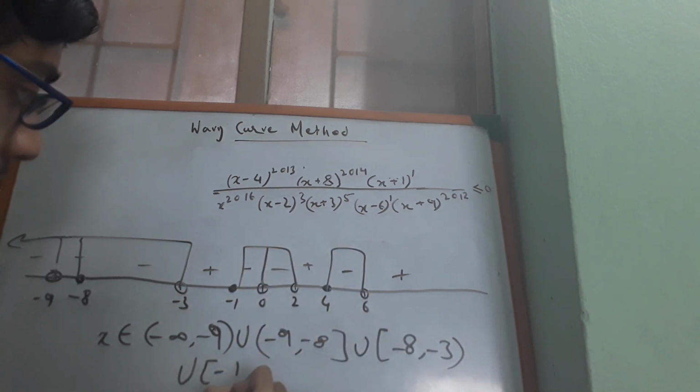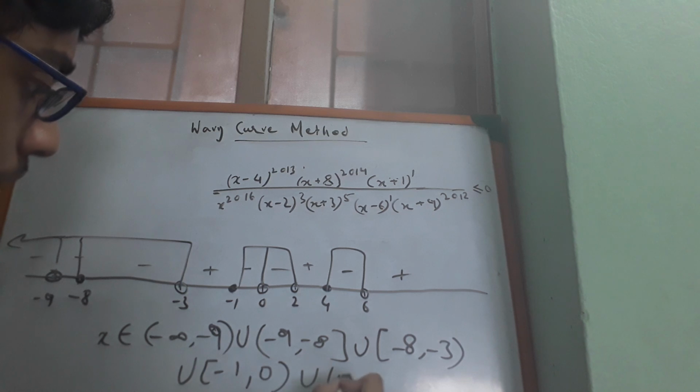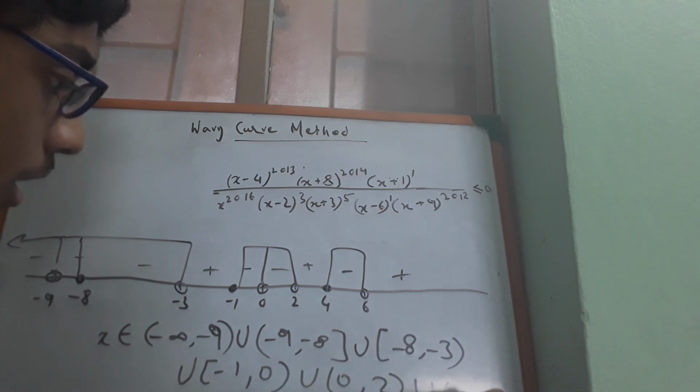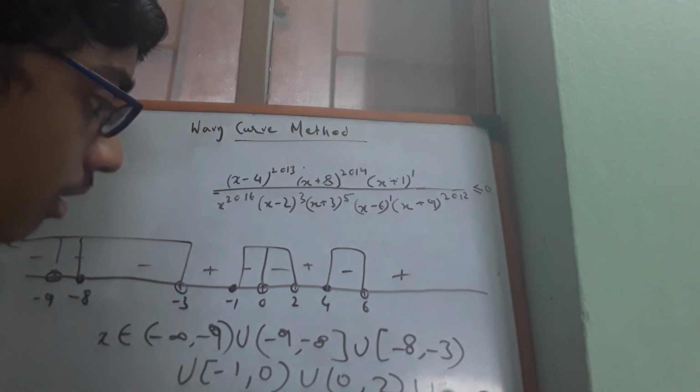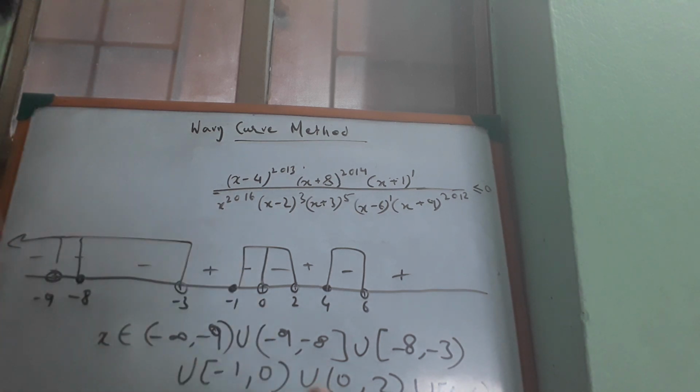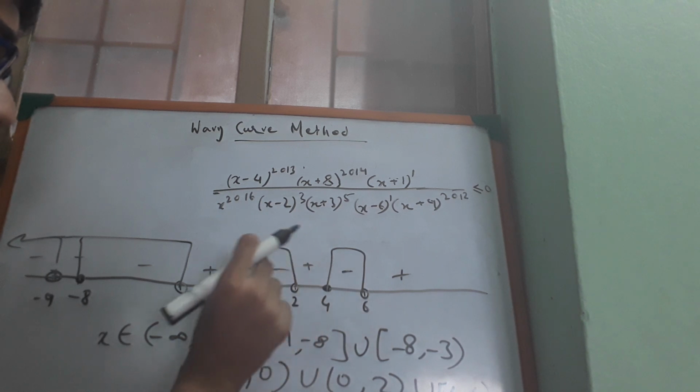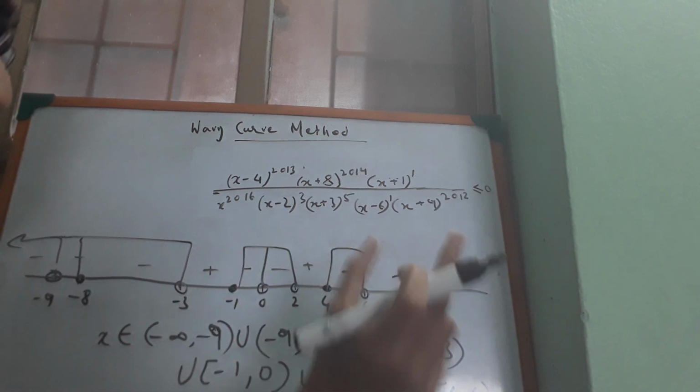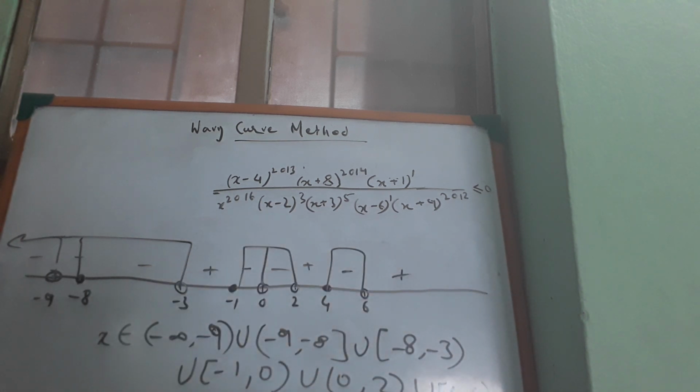Union minus 1 included to 0 not included, union 0 not included to 2 not included, union 4 included to 6 not included. It's as simple as that. But be very careful when you are dealing with this sign change, plus minus, and that's all.